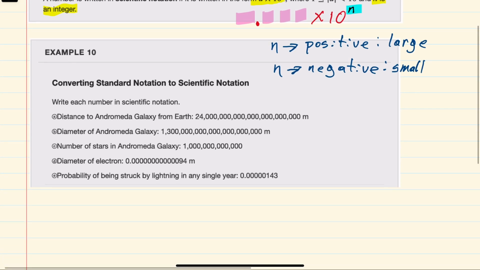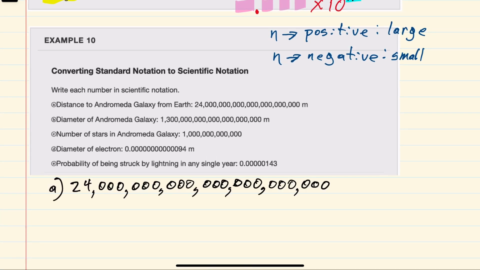So looking at our examples here, for A, we have this very large number, which is the number of meters that the Andromeda galaxy is from Earth. So a large number. In standard form here, our decimal is at the end, but in scientific notation, it must be behind the first non-zero digit.